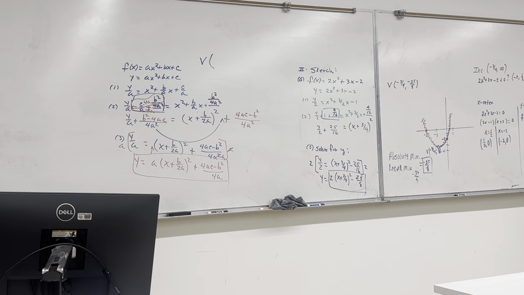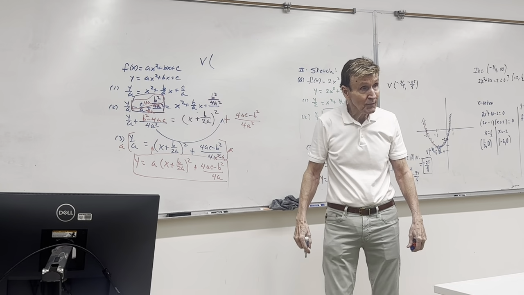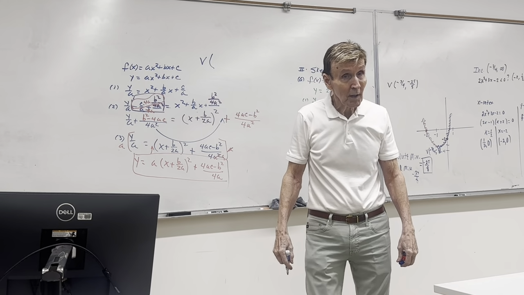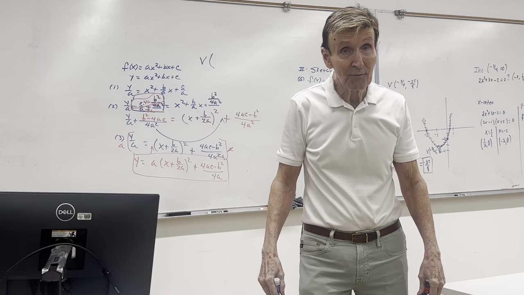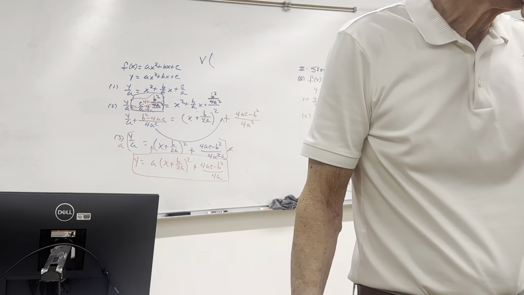It's negative 4/3. Now this is in the form I want. Can someone venture out and tell me the coordinates of the vertex, even though it looks strange?